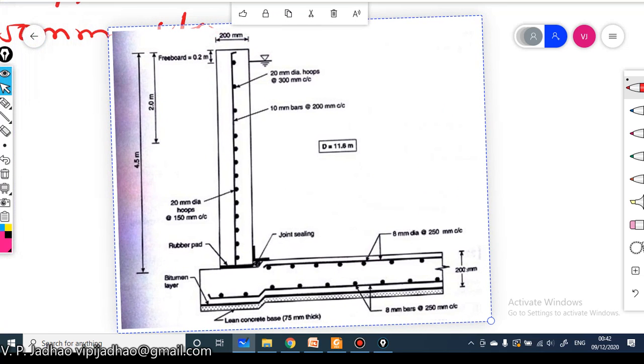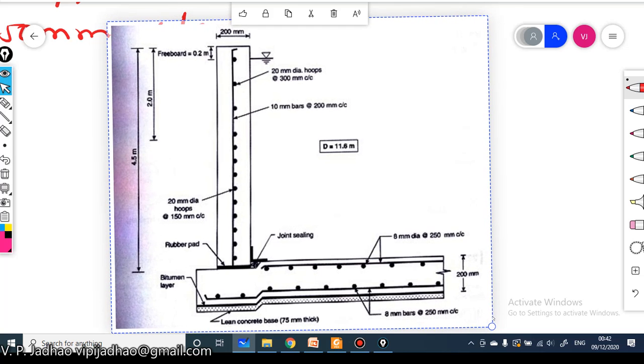This is your water tank wall, the thickness is 200 mm, which is provided here. We have got steel reinforcement, we have to provide like this. You can also provide it on the one face, that is on the outer surface.